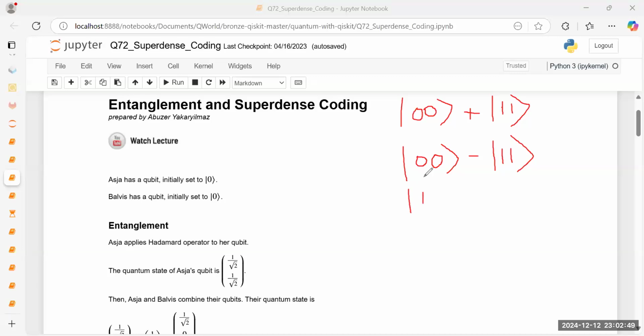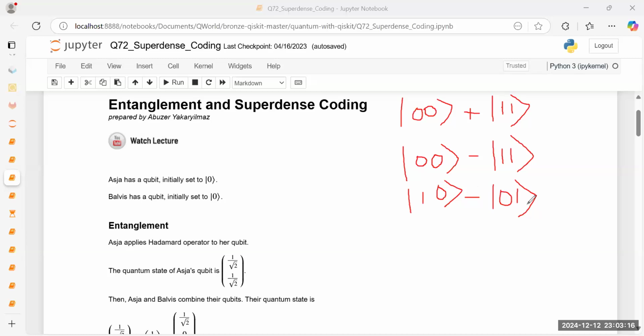When she applies the X gate, 0 here becomes 1, and 1 here becomes 0. So this is what she gets after she has applied the Z gate and the X gate to encode her information.